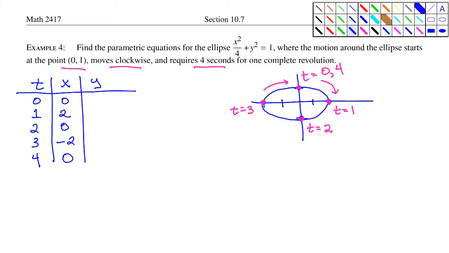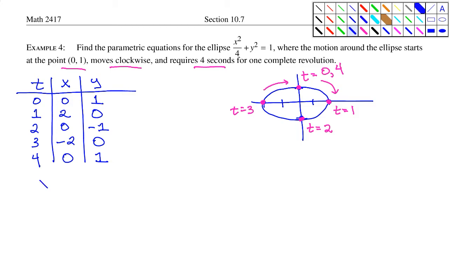Similarly, for the y's, where time is equal to 0, that starts at its top there, so that's going to be 1. Then it rolls clockwise to where y is 0, then -1, then 0, then back to 1. So basically, I need to come up with an equation whose graph would fit these values, the t and the x, and then the t and the y.